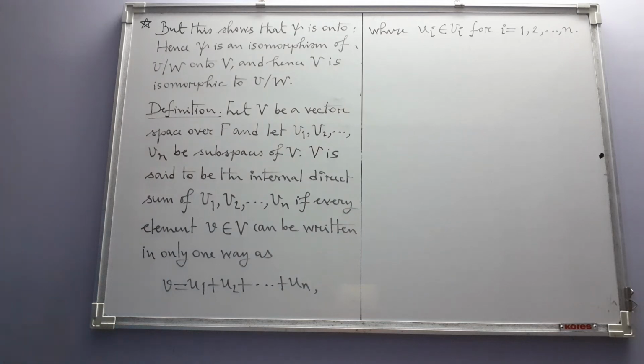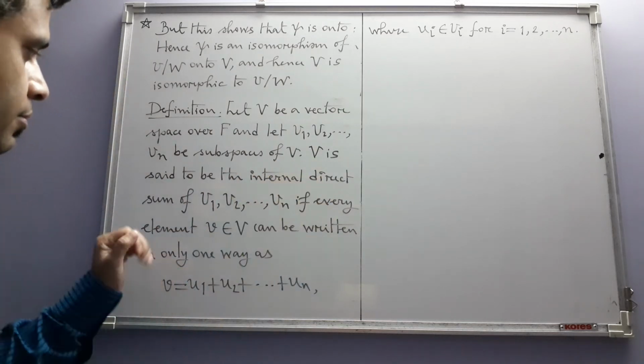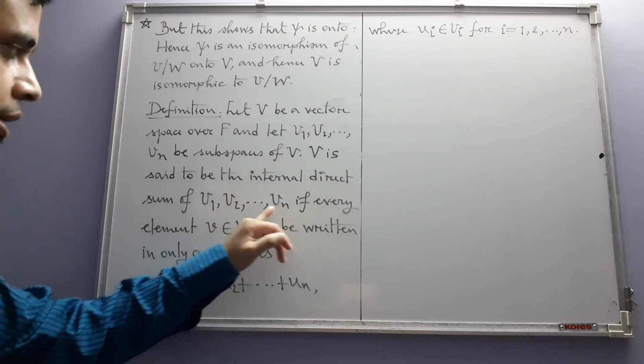So we have a vector space V and we have some subspaces of V, finite in number.